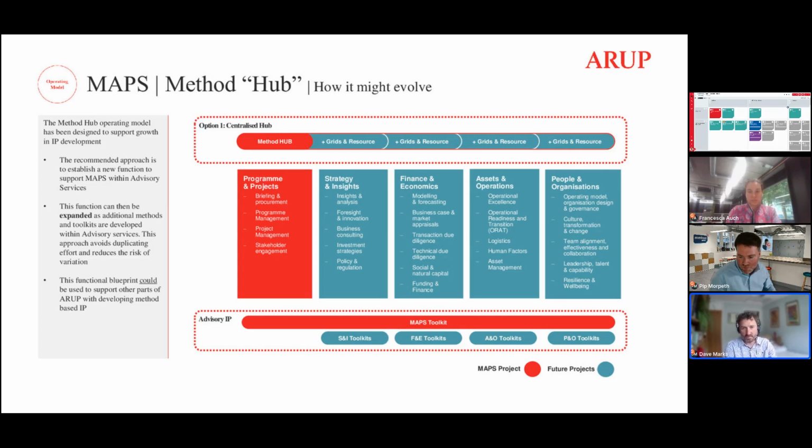It isn't just that we can give everybody access to Method Grid, but if we didn't give some support and guidance and control over how we use the tool, then we're never going to get the best use of it as a company, and that's really the idea behind it.